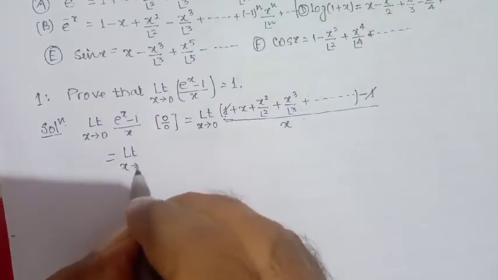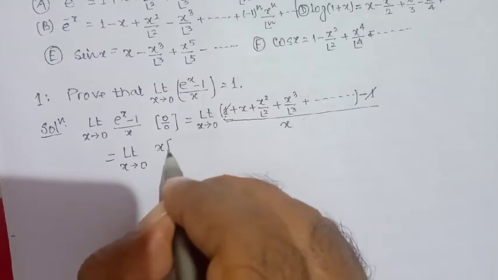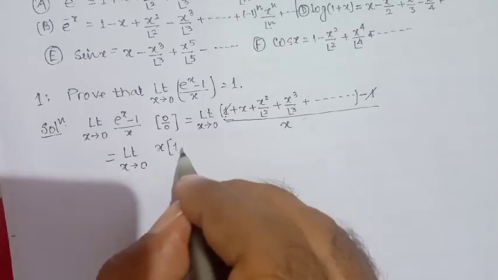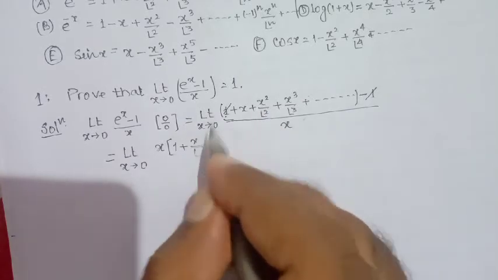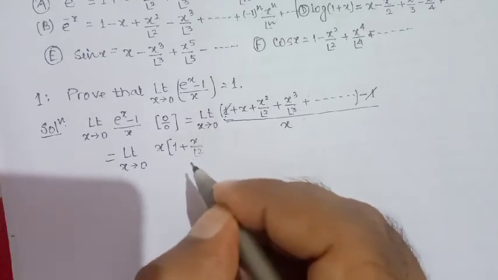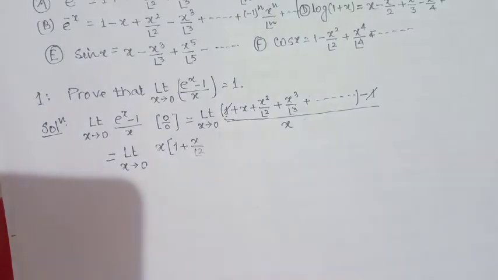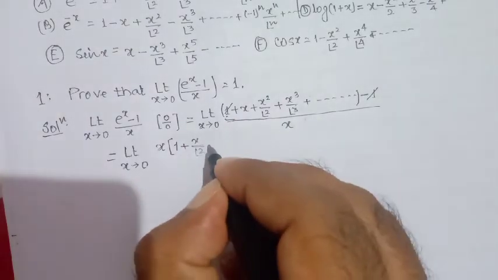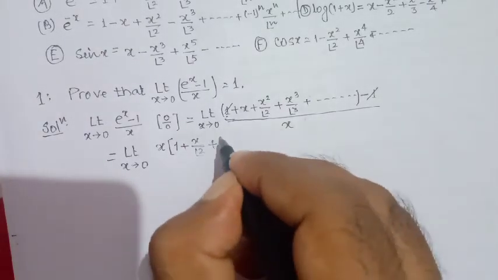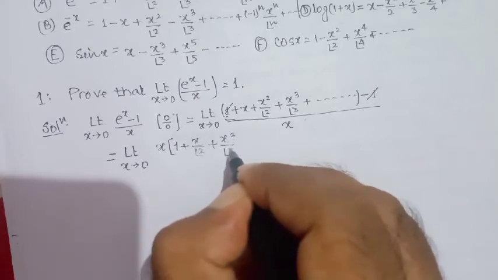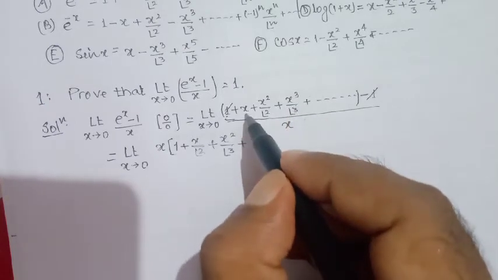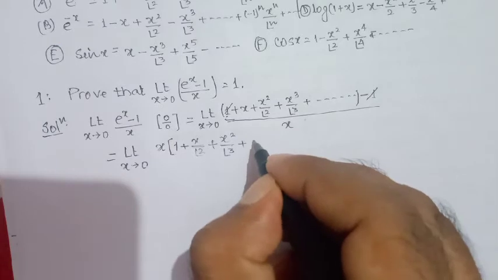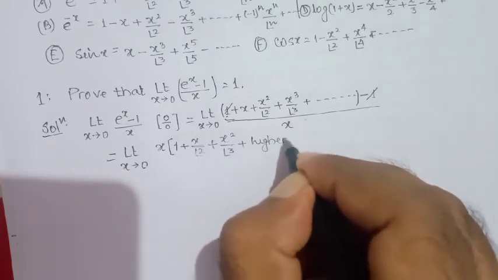So it should be written as, after taking x common, 1 plus x by factorial 2 plus x square by factorial 3 plus higher powers of x, or you may write dot dot.